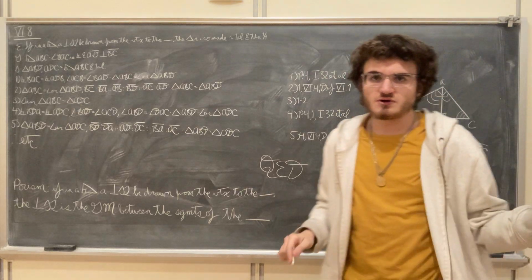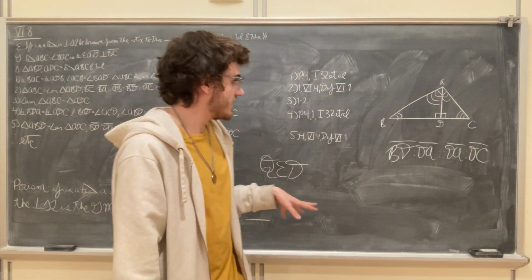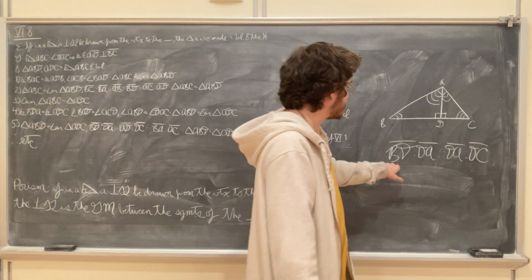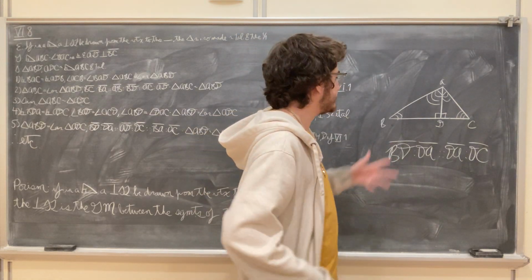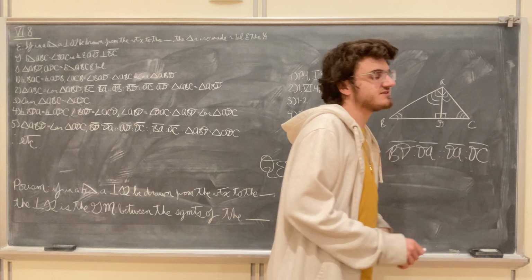And this is exactly what a mean proportional is, that it has equal ratio in between two other magnitudes. So between the two magnitudes BD and DC, we have the mean proportional of DA, so that as BD is to DA, so DA is to DC.